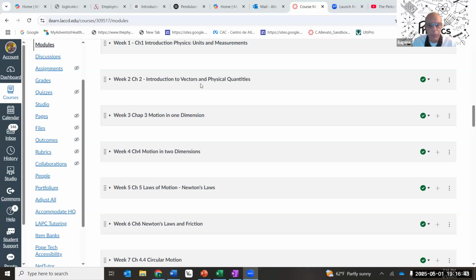Then we went over calculating velocity and acceleration. At the time, we didn't say anything about what was causing that acceleration. We were just trying to describe the motion of an object, how it's moving, if it's moving at a constant pace. Constant velocity: if in every second it covers the same distance.